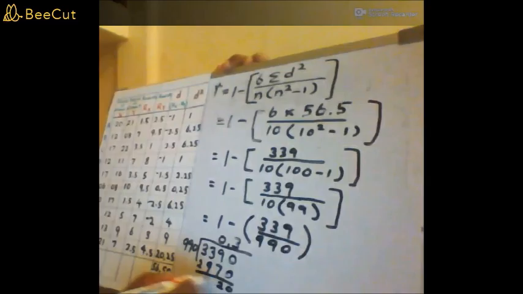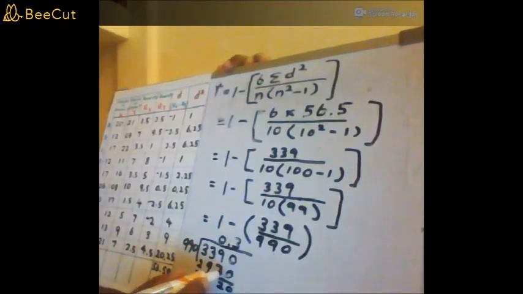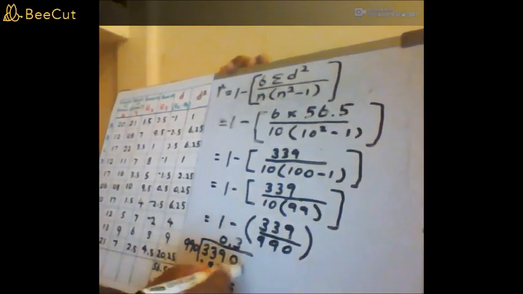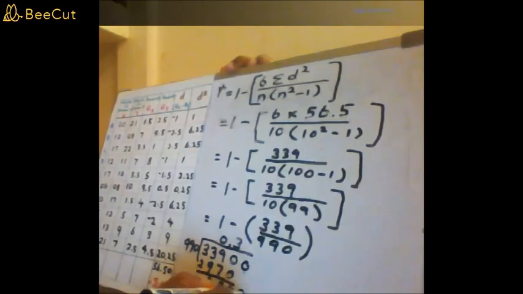0 2, 9 0, 0 2. Here it's 4. Then take another 0 here down.